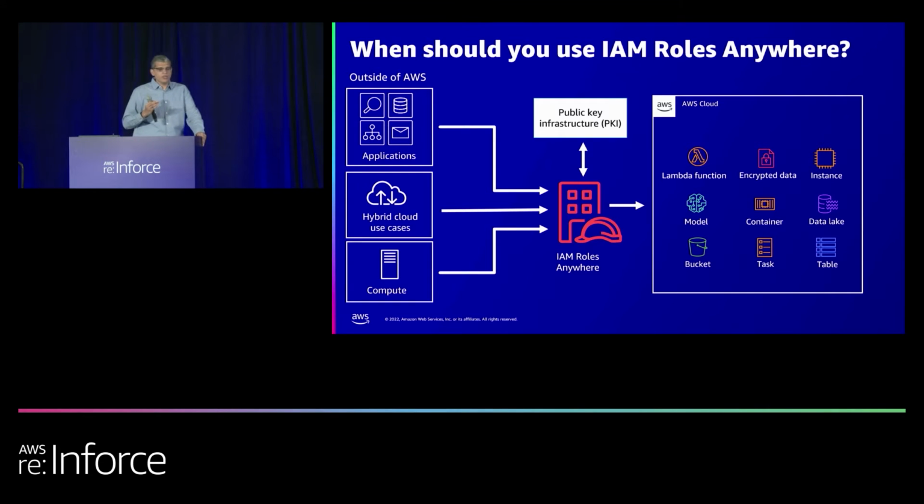Also, you can use it to send the security findings in your on-premises environment to AWS Security Hub, or in a hybrid scenario, as I was referring to in a multi-year migration project, where some of your applications run on premises and the others run on AWS, and you want a consistent integration between both to access AWS resources.